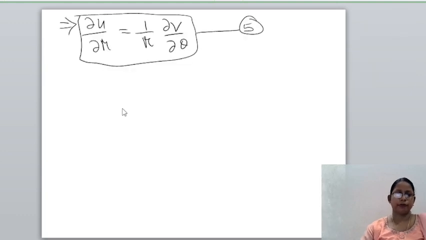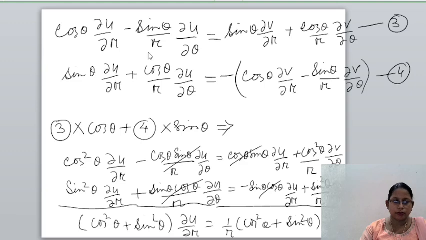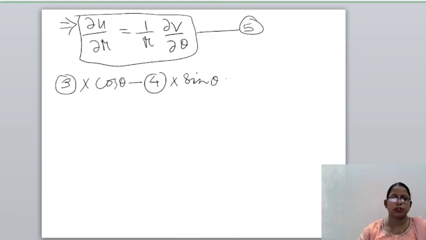Multiply equation 3 by sine theta and 4 by cos theta and subtract 4 from the resulting equation.